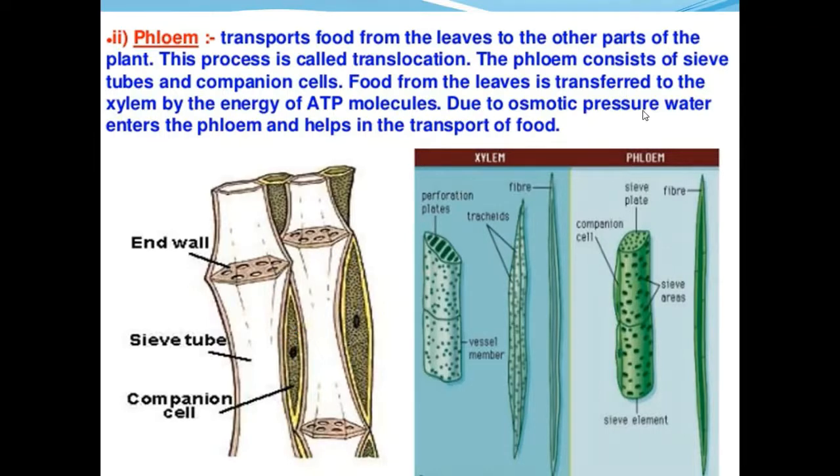So from the leaves, that is food that is manufactured in the leaves, from there it is transferred to the phloem by the energy of ATP molecules, and due to osmotic pressure, water enters the phloem, and that helps in the transport of food.